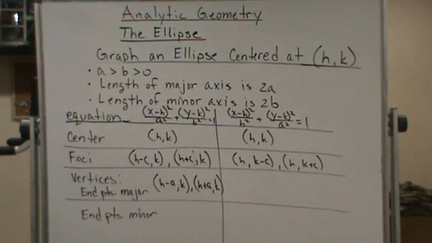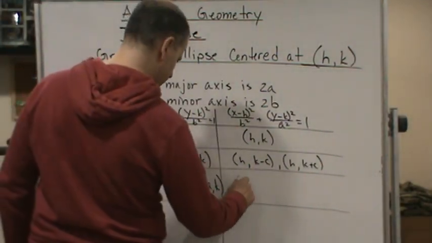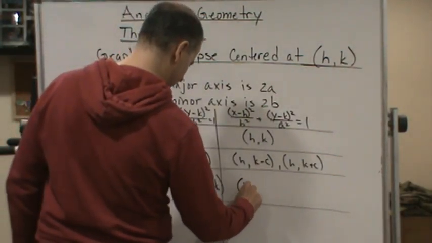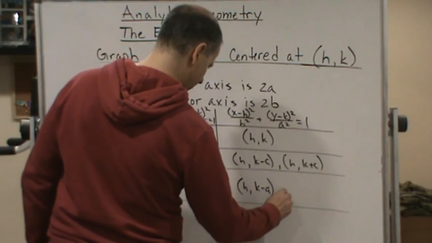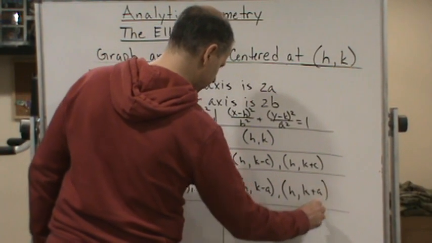And those would be the points for the vertices of the major axis. And of course, if it's switched to being vertical, then we just switch where the a is. So in this case here, it'd be h comma k minus a, and the other point would be h comma k plus a.